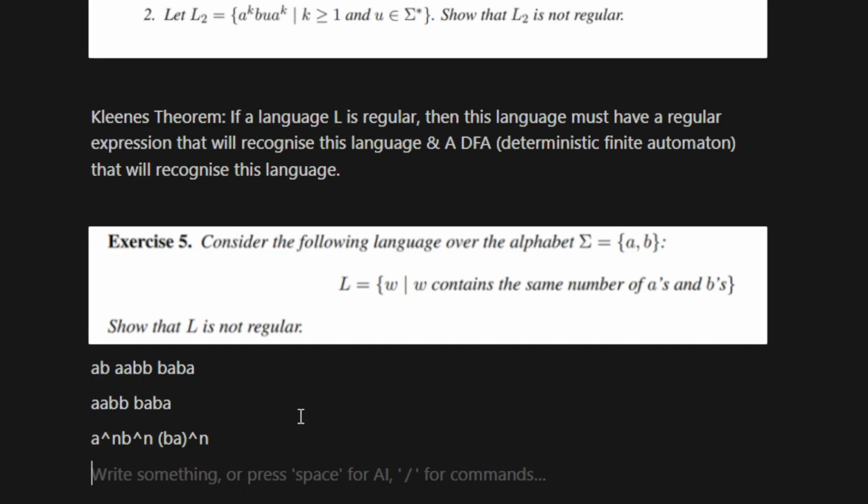So what we can say is, when we're trying to prove that this language is not regular, we can start off by doing a contradiction. So we will prove that L is not regular via contradiction. So we're just going to contradict that L is regular, and hence it must be non-regular.